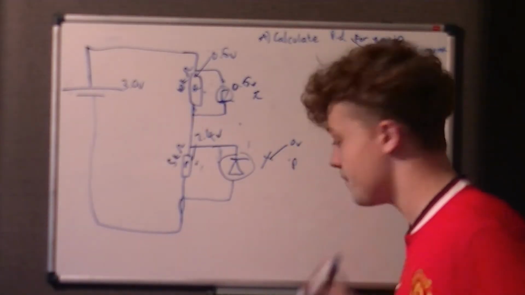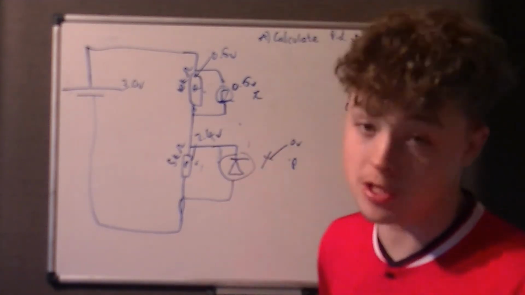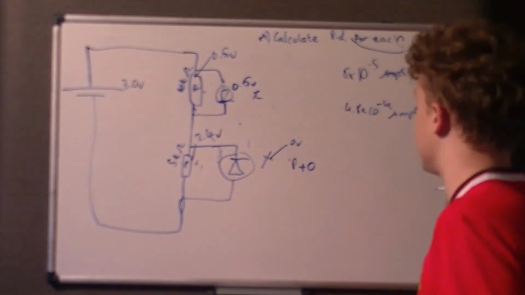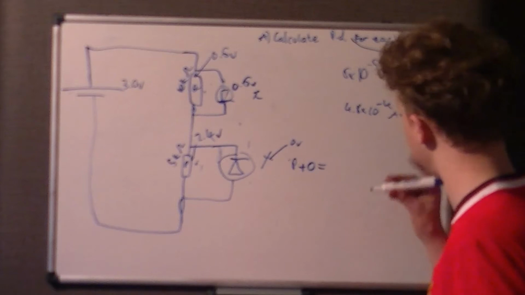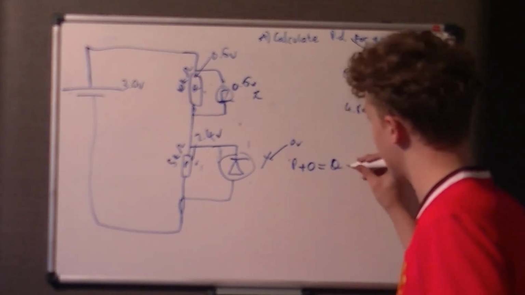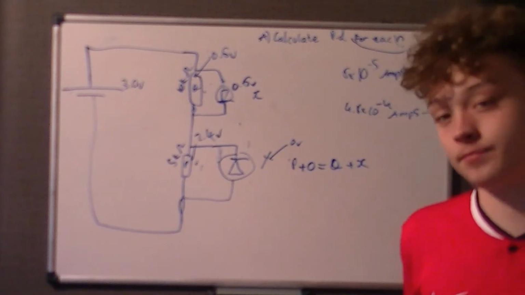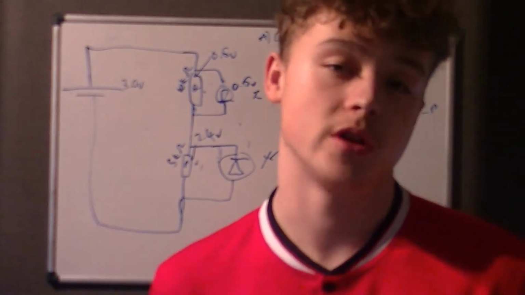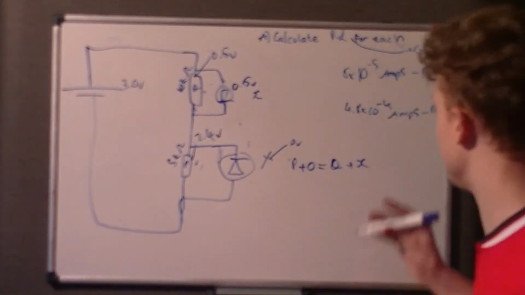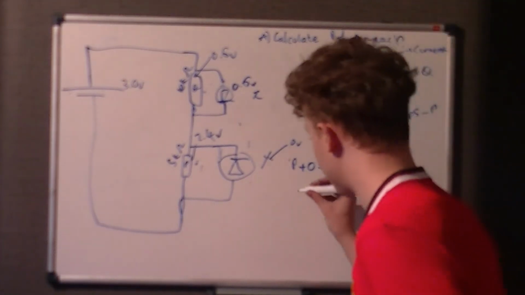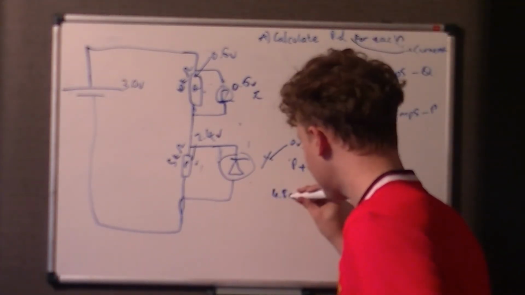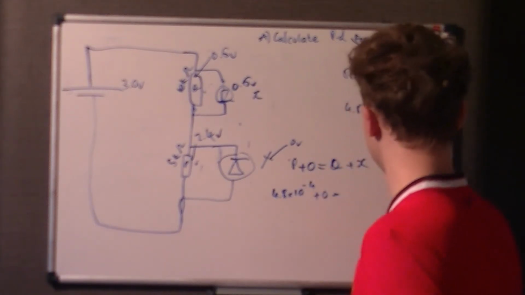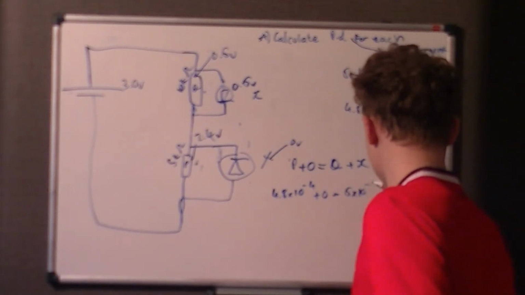So we know the current at P, which is the maximum amount of current because it doesn't go through the reverse diode, plus 0, the current at the reverse diode of Y, equals Q plus the current at X. That might seem like a weird formula, but it's just one that I created for this question. It's not really relevant to any other question. So let's substitute in our values. So 4.8 times 10 to the minus 4 plus 0 equals 6 times 10 to the minus 5 amps. I'm just going to put 6.